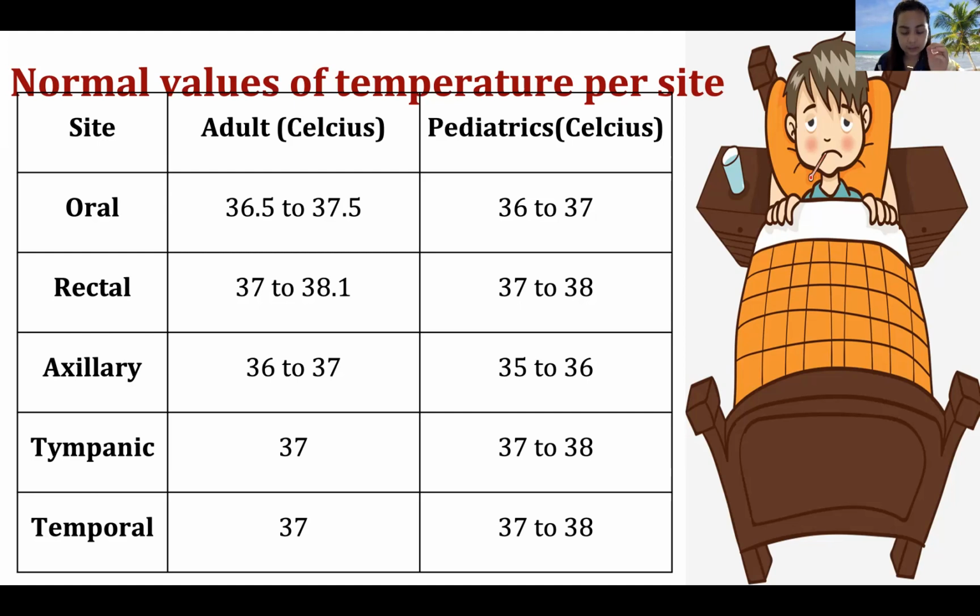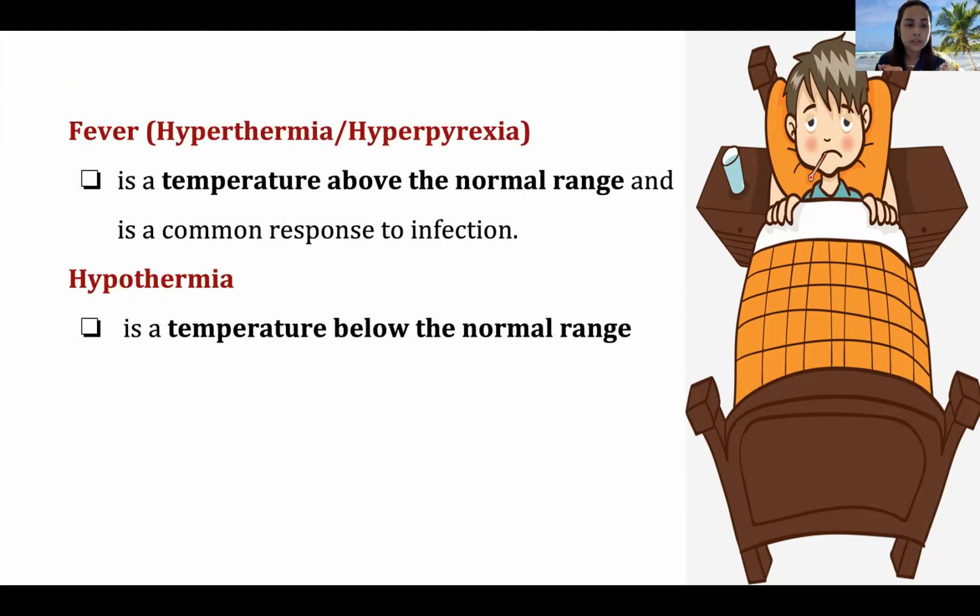Okay, so please memorize all of these normal values because it's very important. And I will include it in your exam. So, what do we mean by hyperthermia or hyperpyrexia, fever, or hypothermia?